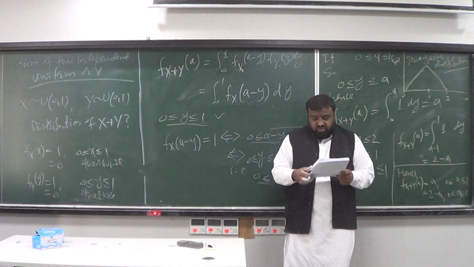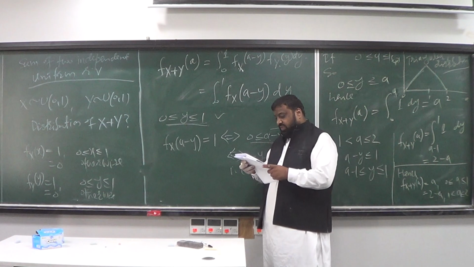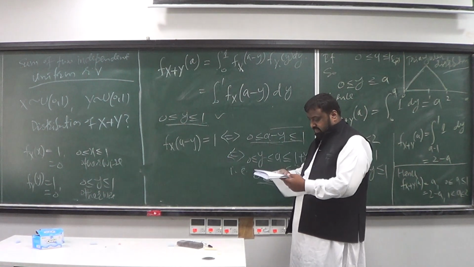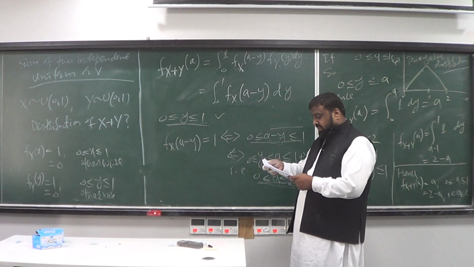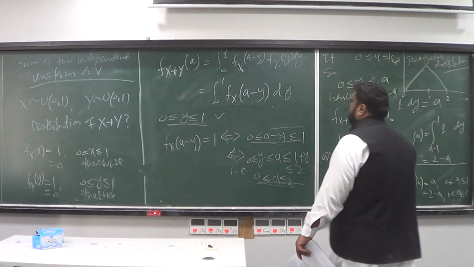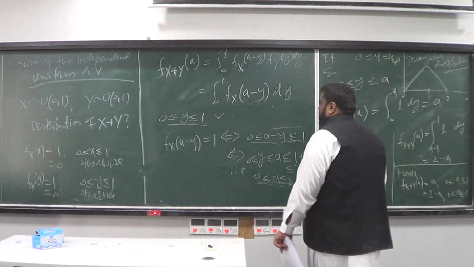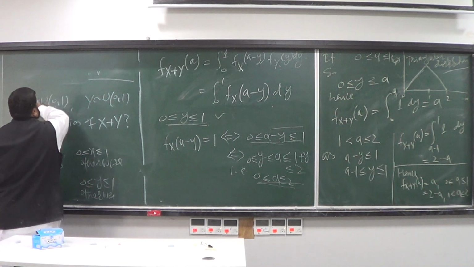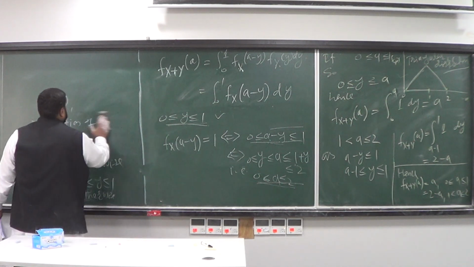So let's now move to something else, for example, the sum of two normally distributed random variables.